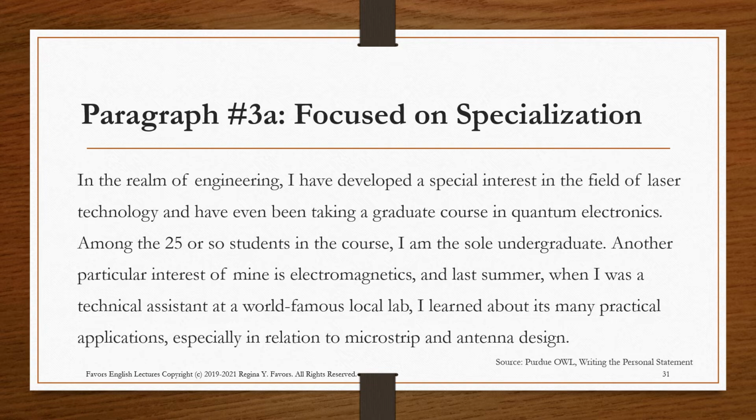in the same way that he was able to take a course at a local college that was not offered at his high school, he's following that same pattern and taking a graduate course in quantum electronics that is usually only available to graduate students.